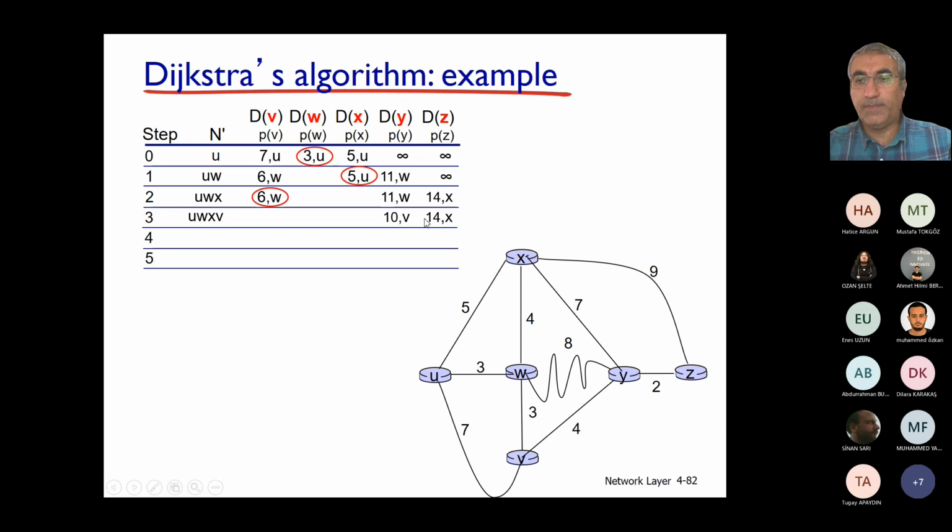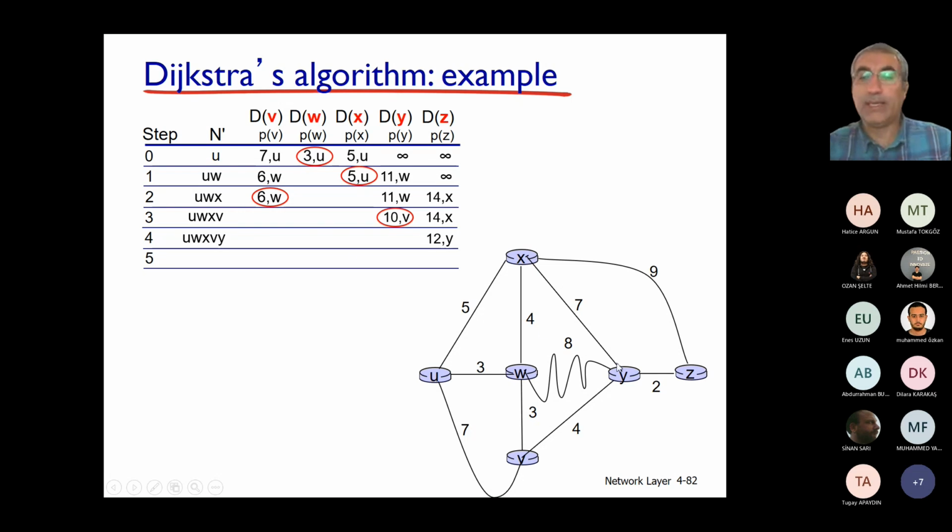And we don't update the z because still y is not there. So we select the minimum among these two. Of course, it's going to be the 10, which is the value of the y node. And then we add the y node to the path. And then we are left with z only, because we added the y to the shortest path.